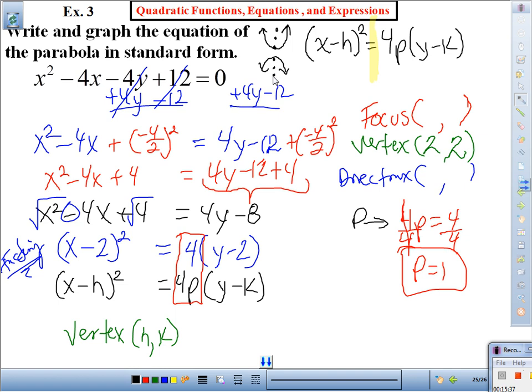If all 3 points are lined up like this, straight up and down, what do all 3 points have in common? The same x value. If it goes straight up and down, it's the x value that it has the same. So what does that tell us about the directrix? That the x value is 2 and 2.